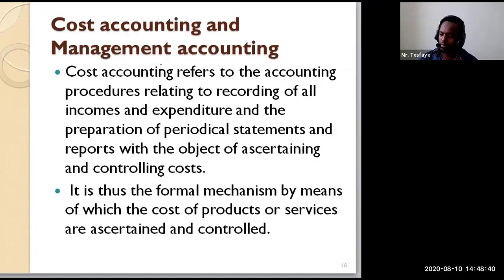So cost accounting, as we have seen previously, is basically focused on recording incomes, expenditures, assigning costs, and also controlling the cost. So it's limited to this area. It is the formal mechanism by means of which the cost of product or service are ascertained and controlled. So its main focus is assigning cost and controlling the cost assigned.